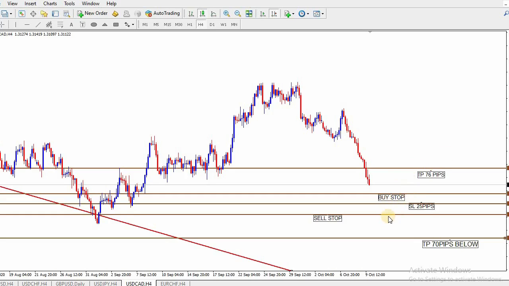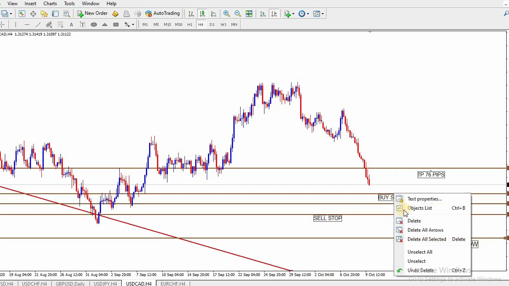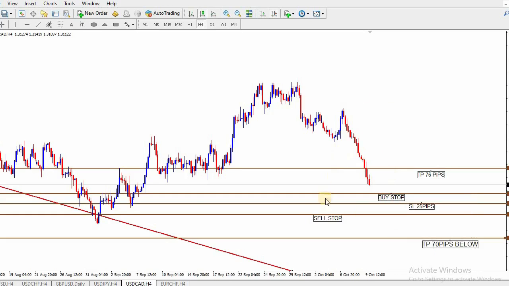If the sell stop triggers, you do not have to let the buy stop pending order remain, so it doesn't trigger two trades. So if one triggers, you go for it and delete the other order. And how you delete the order, you right click on it and then delete the order, or you go to your terminal and then delete your order.